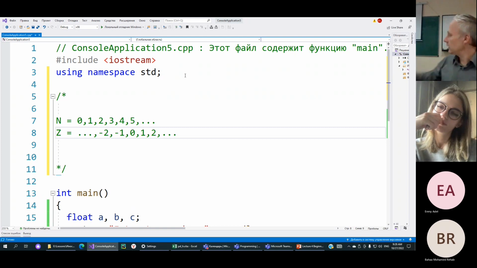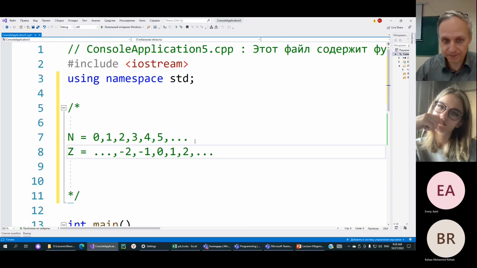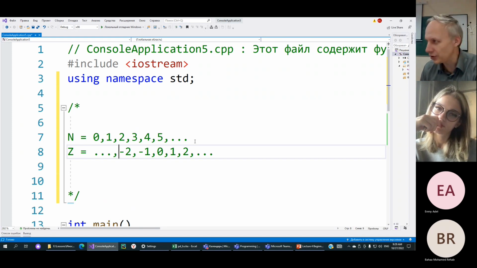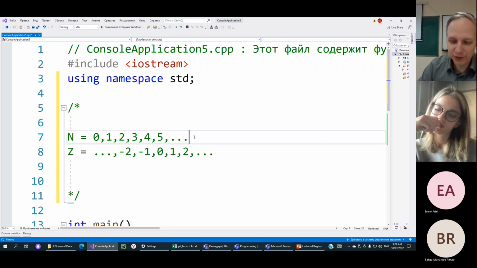Okay, if we consider these two classes of numbers, what operations can we apply to these numbers? What operations can we do with this type of numbers? Addition, multiplication, subtraction, but pay attention.